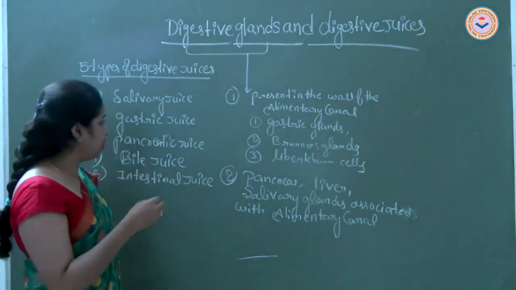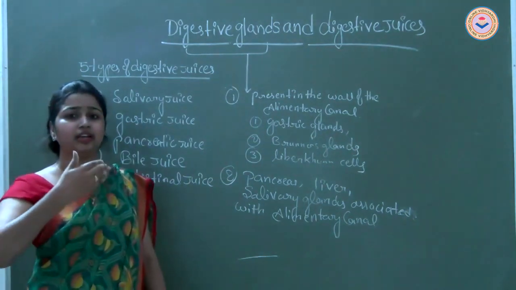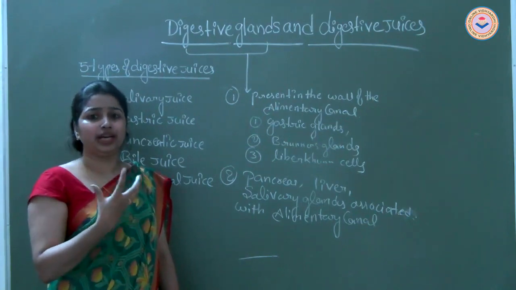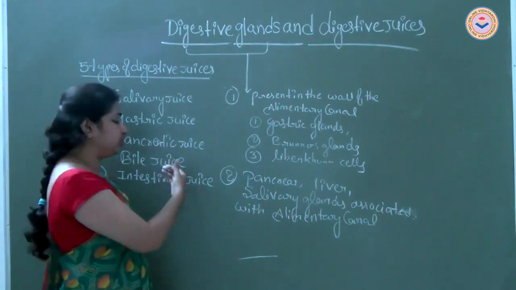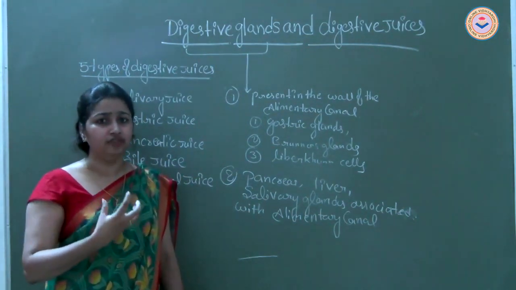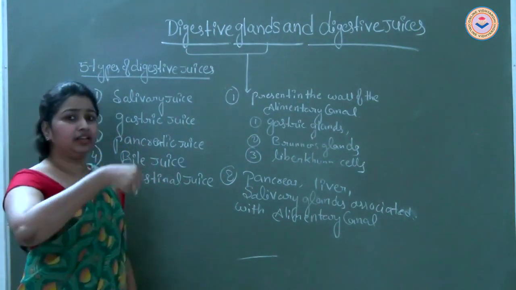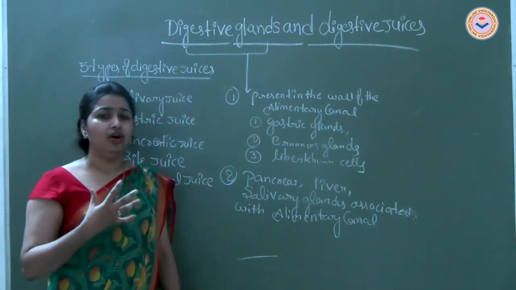Next, pancreatic juice helps in the hydrolysis of carbohydrates, proteins, lipids and nucleic acids also. Bile juice helps only in the emulsification of lipids. And intestinal juice helps in the complete digestion of proteins, lipids and carbohydrates.